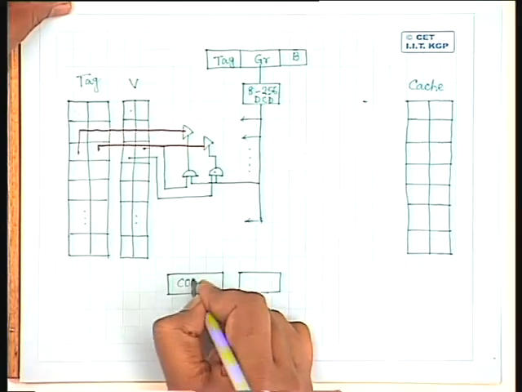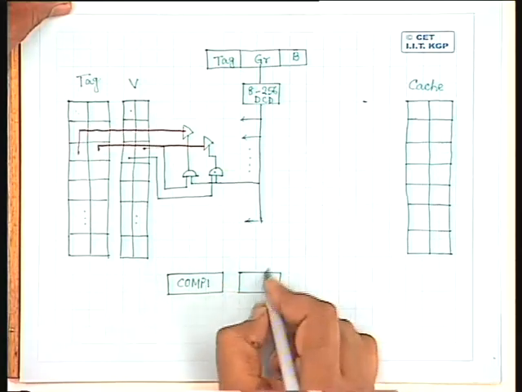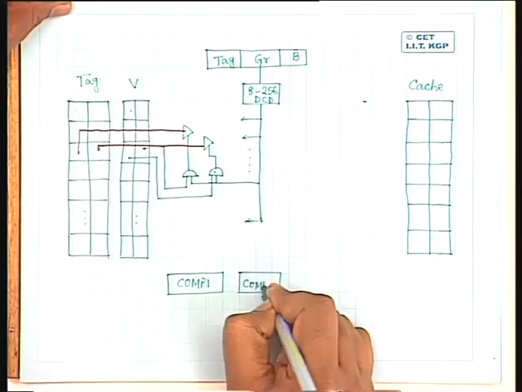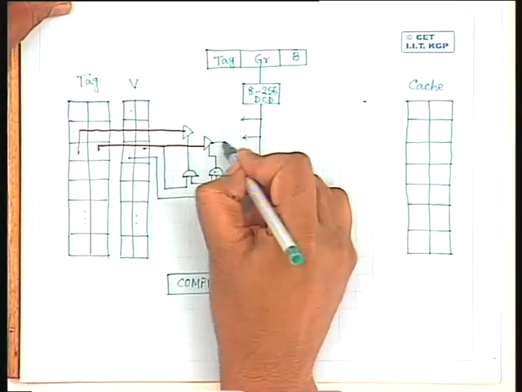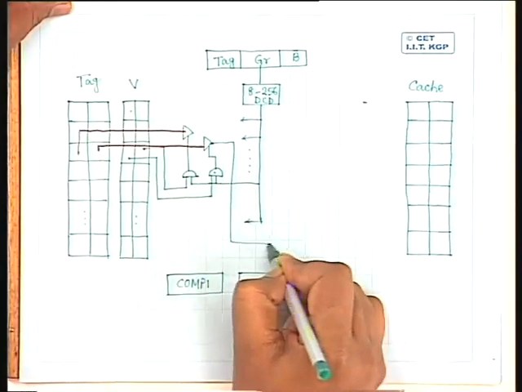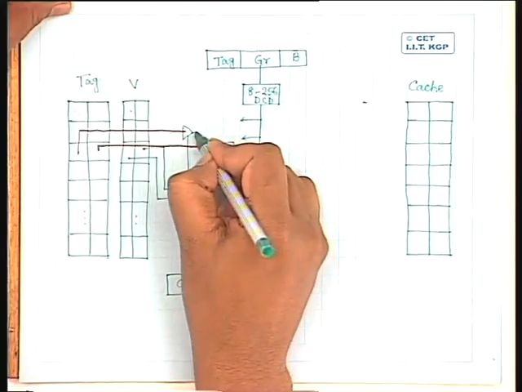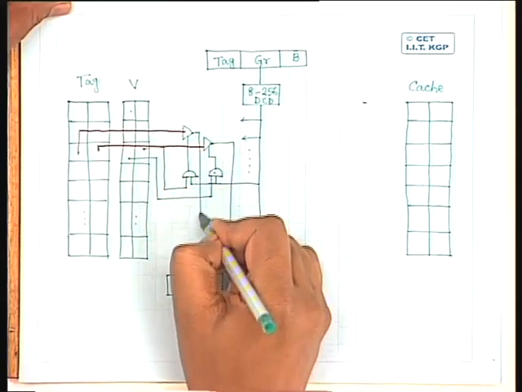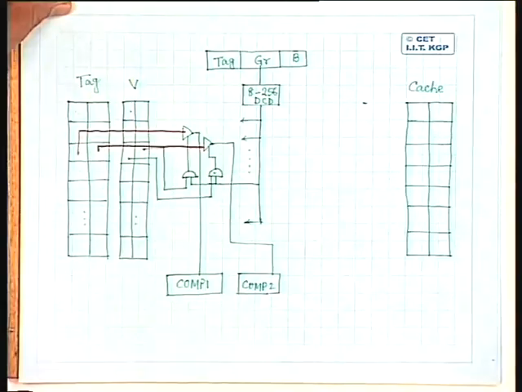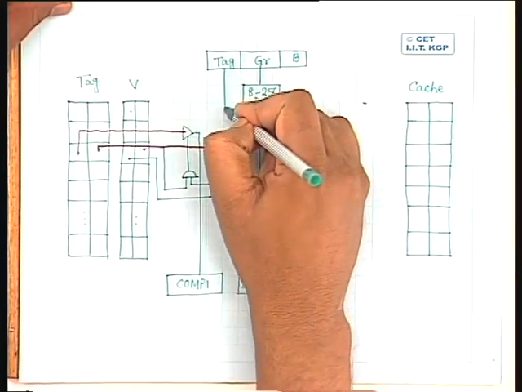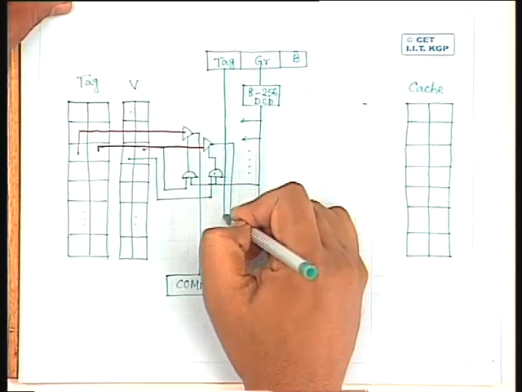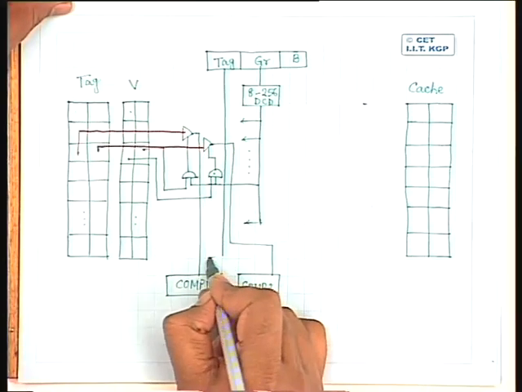This is comparator 1, this is comparator 2. So this output will go to one of the comparators, this output will go to the other comparator. Both the tag values are to be compared with the tag value as given in the main memory address.